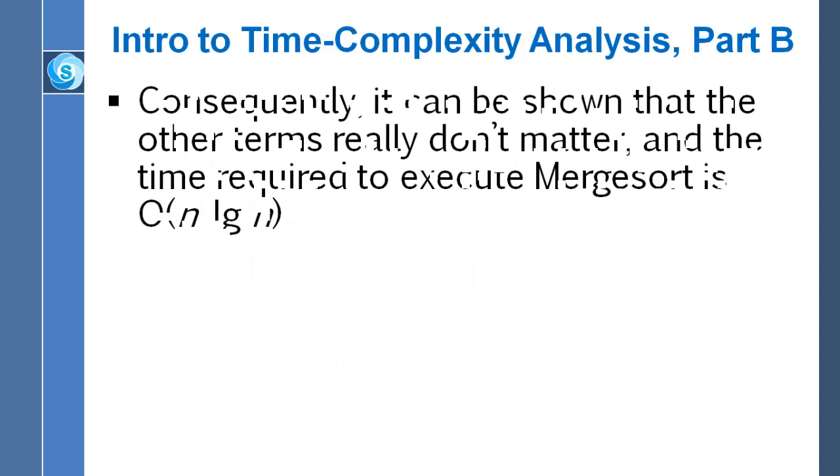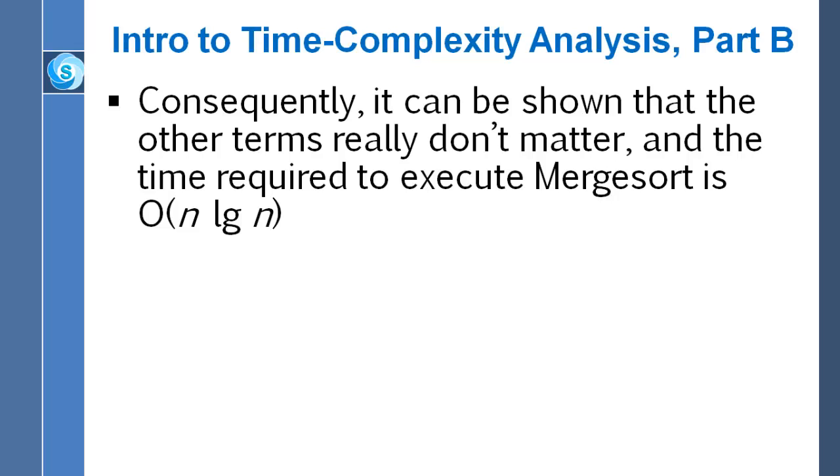The big O notation allows you to ignore the constant factor, and you wind up saying that the execution time for merge sort is big O n log base 2 of n. Okay? Yeah, it's a little bit hard to swallow at first, but that's the way it works.